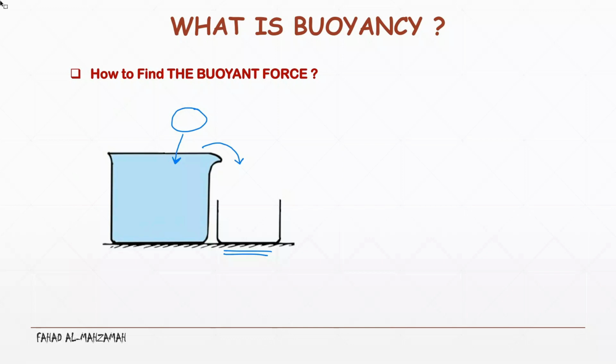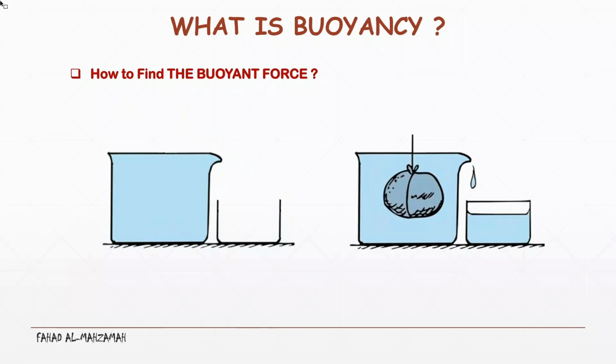Because this object has displaced some amount of the liquid. أزاح كمية من السائل بسبب حجمه. Since there is no space inside this cup for the liquid to move, it will come out into the other small cup.